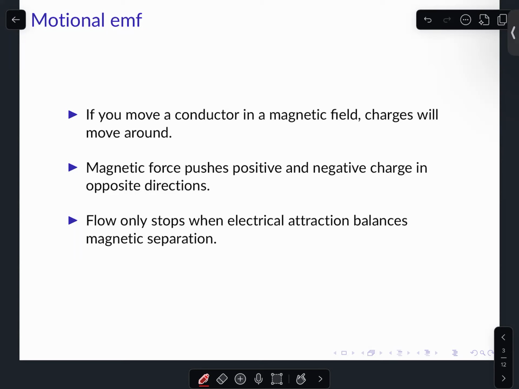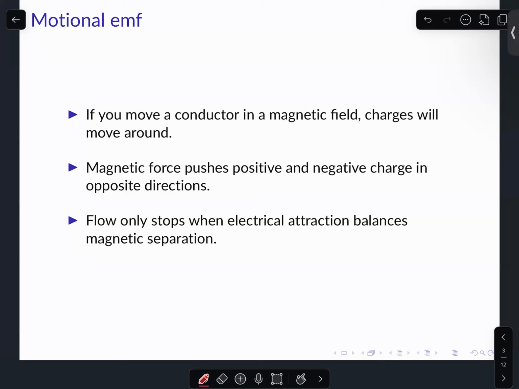Okay, so magnetic force pushes opposite Q's in opposite directions of F. And here is the idea for how to figure out the voltage. Flow will continue up until the point that the electrical attraction between the two separated charges balances the magnetic repulsion.